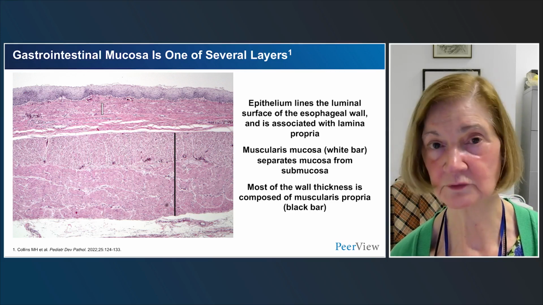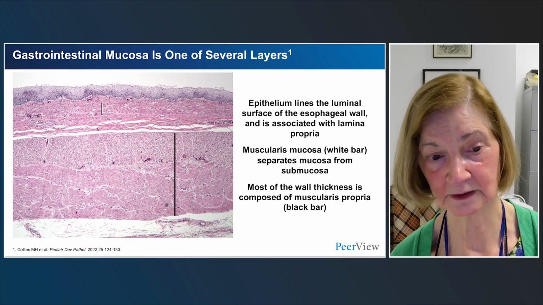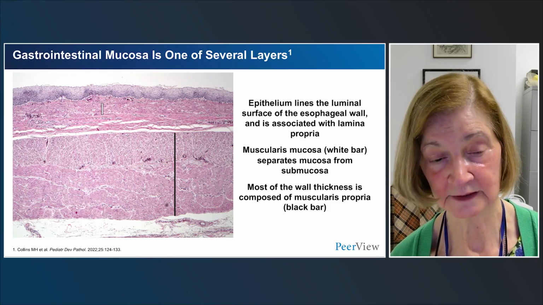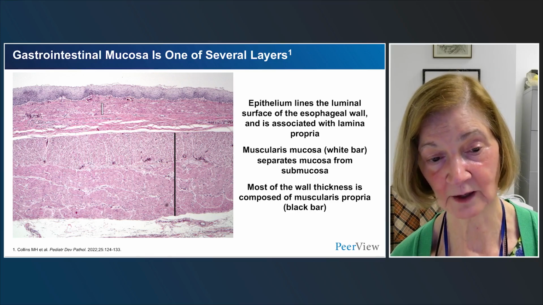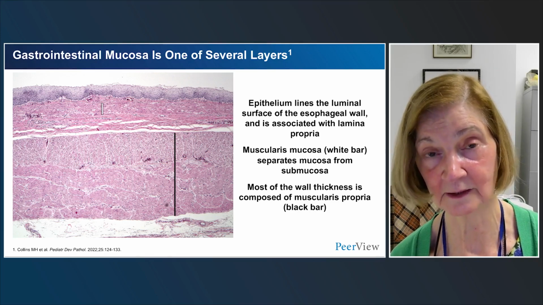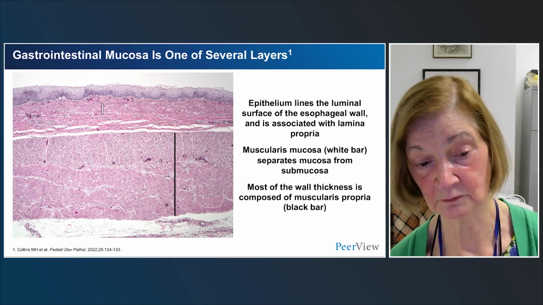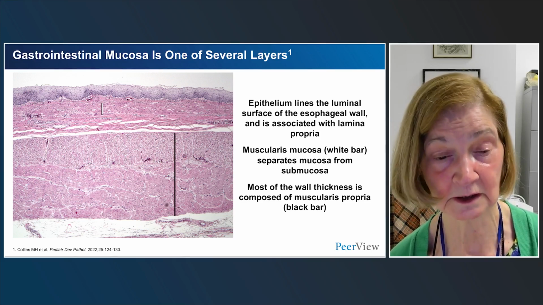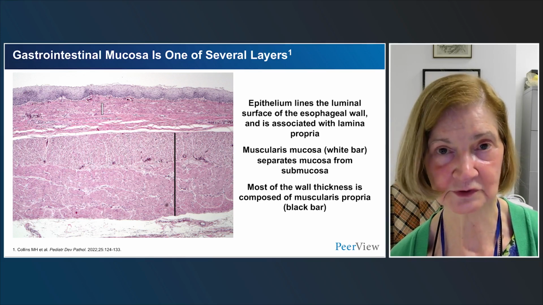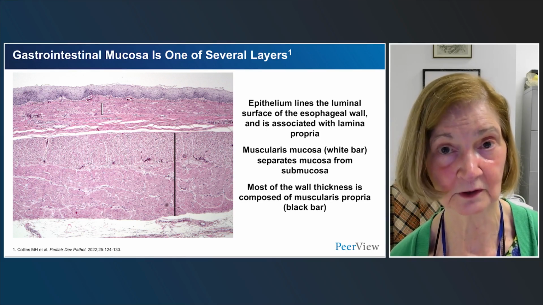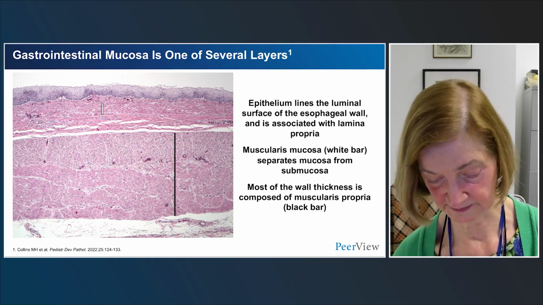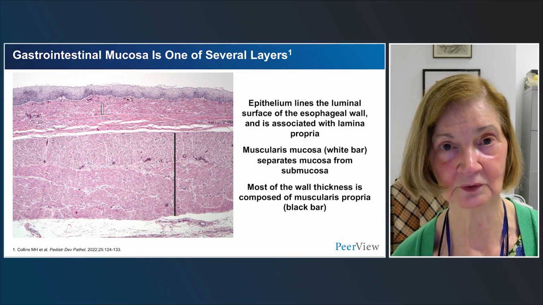There's the whole rest of the wall that we're not seeing in biopsies. What we see in the endoscopic biopsies is a little bit of this and the epithelium. There's the muscularis mucosa, the submucosa, and most of all the muscularis propria, where there may be inflammatory changes that we're not aware of that could be contributing to symptoms. We need to keep that in mind always.